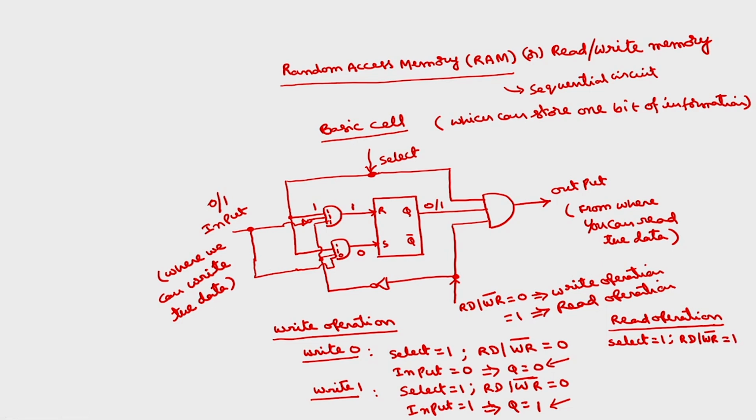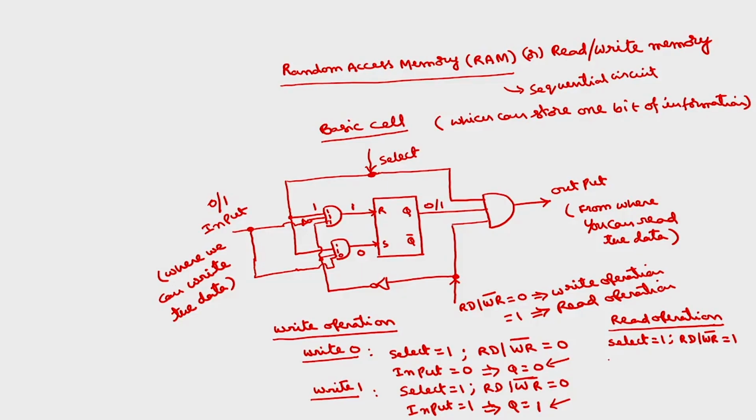So now what happens to the output of the AND gate? If Q is equal to 0, 0 is already written and I want to read that 0 information. Whatever this Q is, I want to read that Q information. Q can be 0 or 1. So for select equal to 1 and read by write bar equal to 1, what will be the output of the last AND gate? Output is simply the ANDing of select, which is 1, read by write bar, that is also 1, and then Q. So simply Q.